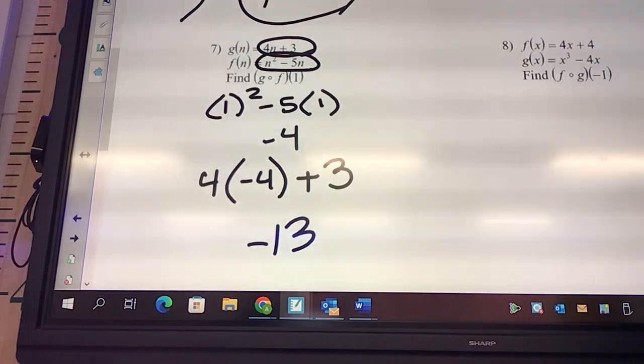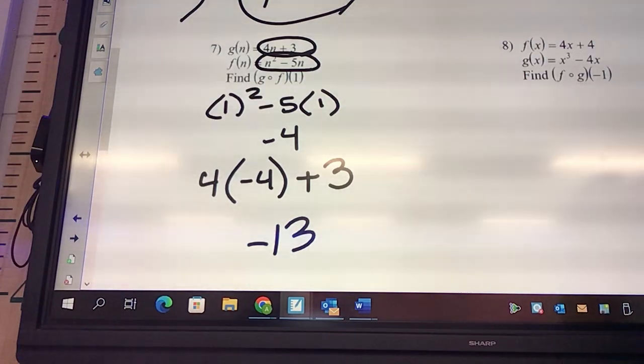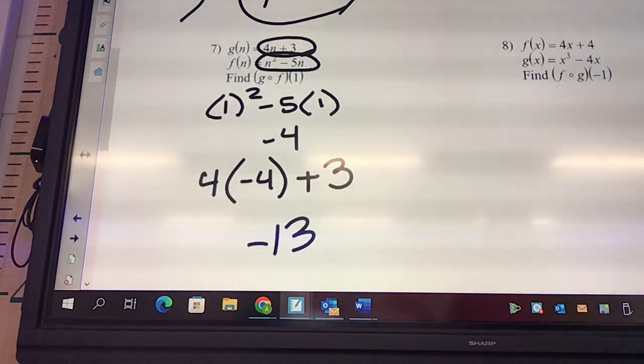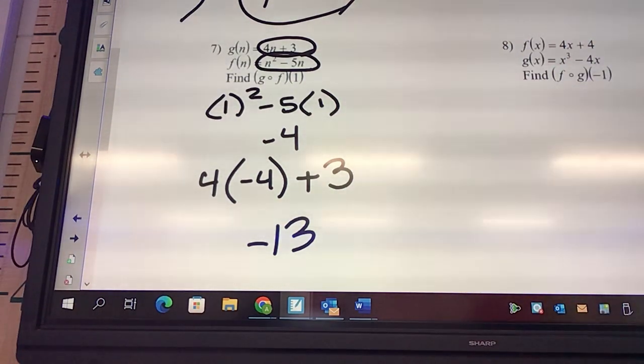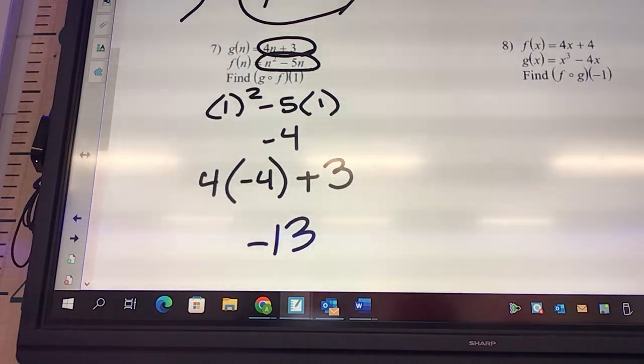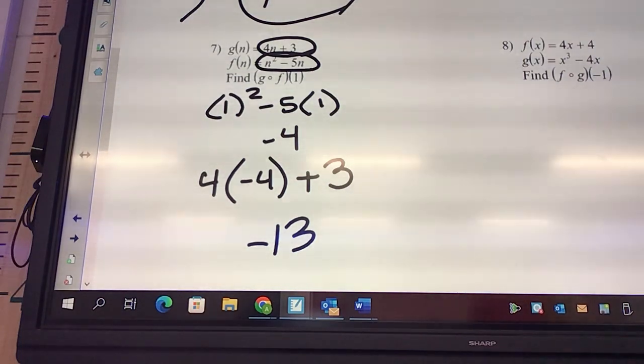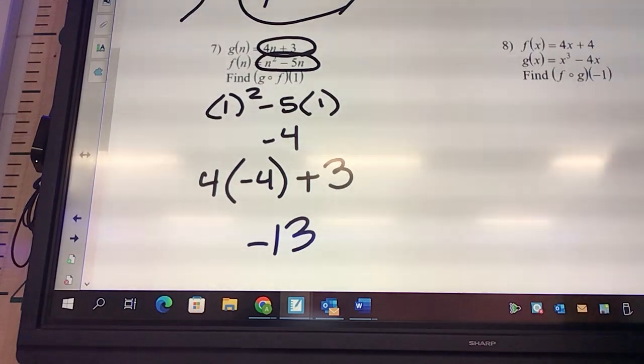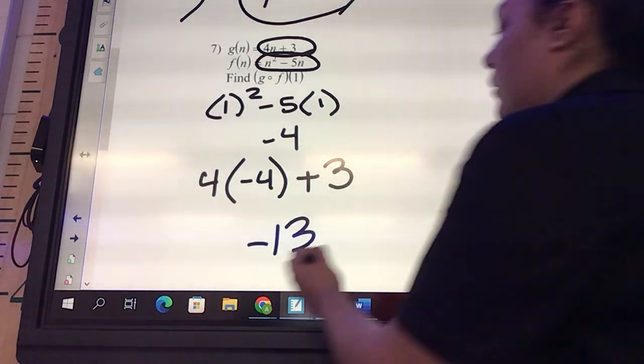How much would my paycheck be? Negative 13. Now, can you have negative $13 at your job? Kinda. I mean, technically, if you're talking budgeting, yes. If you have to pay for daycare and drop your kids off, plus you have to pay for all the gas money to get there, and you're not even hardly making anything, you could end up paying your own money, okay? That's why people with like 12 kids, they just stay at home or homeschool their kids, because it costs too much money, okay?